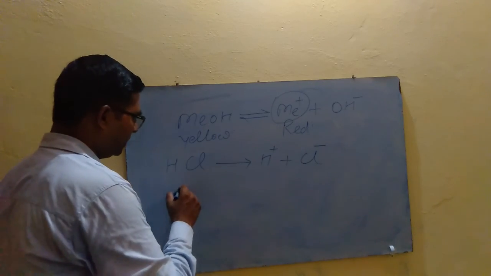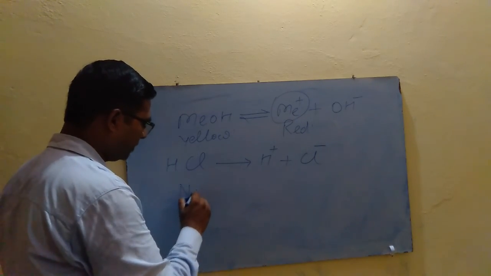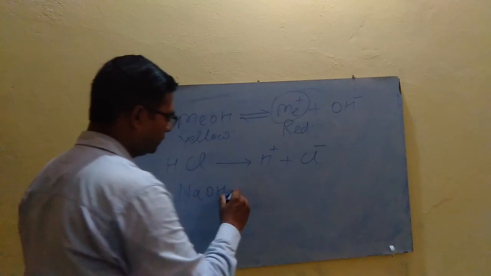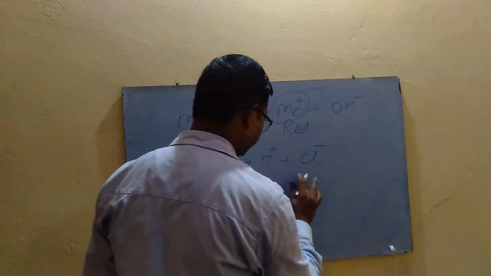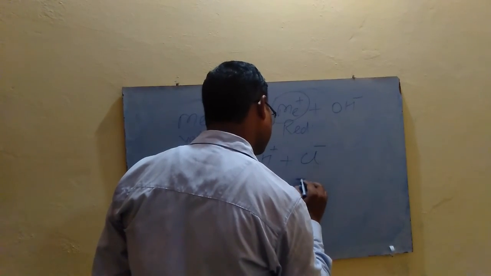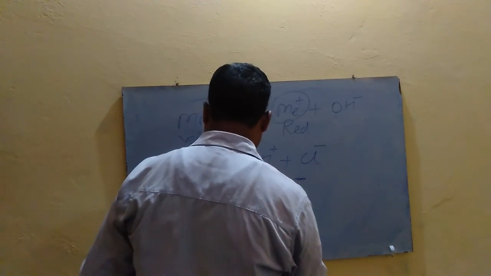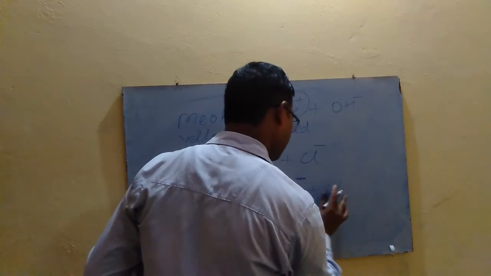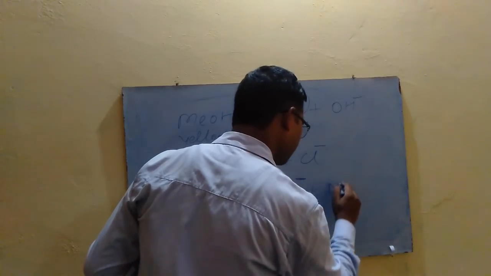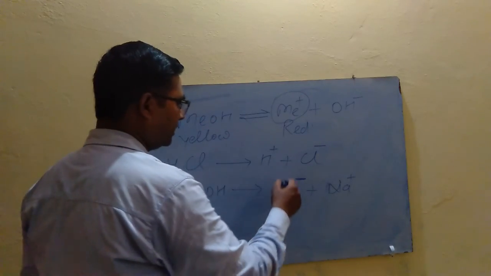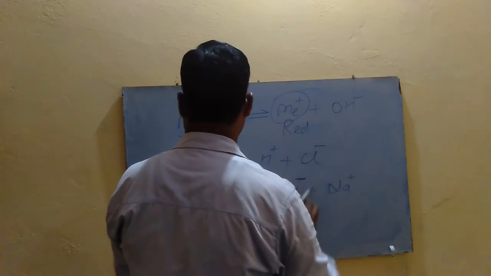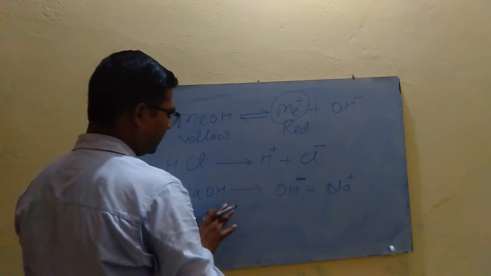Similarly, if this methyl orange is dissolved in basic solution, in NaOH solution, the OH ion furnished by sodium hydroxide increases the concentration of OH ion, and this OH ion is common in both methyl orange and NaOH.